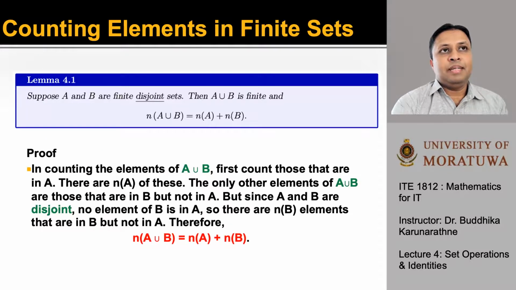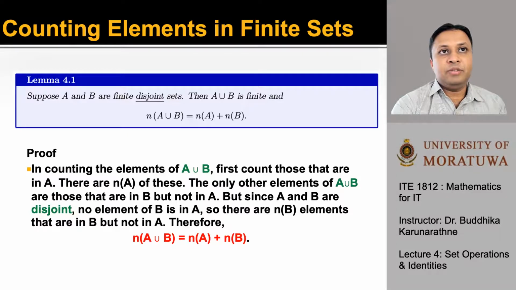Now, the next step is counting elements in finite sets. You already know what is meant by finite sets, which means they have a finite number of elements. So we have a lemma here. Suppose A and B are finite and disjoint sets. Disjoint, if you can recall, means sets which have no elements in common.